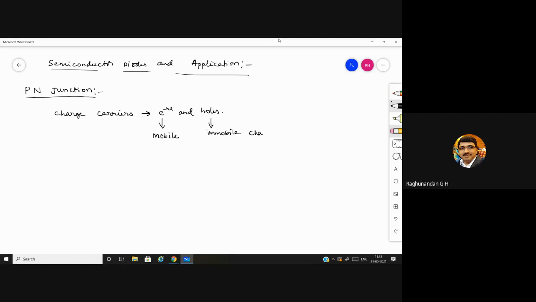So you might ask, you are telling me they are positive charge carriers, but also immobile. When they are not moving, how can they carry the charge? I'll tell you that when we discuss the PN junction. Just remember, electrons are mobile, that means they have movement. Holes are immobile. They cannot move.